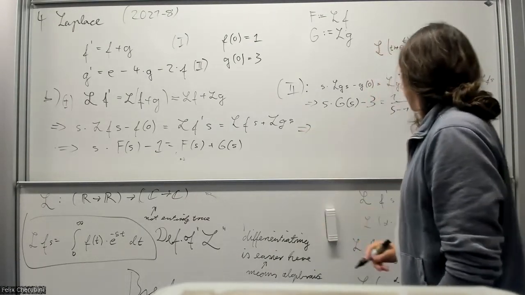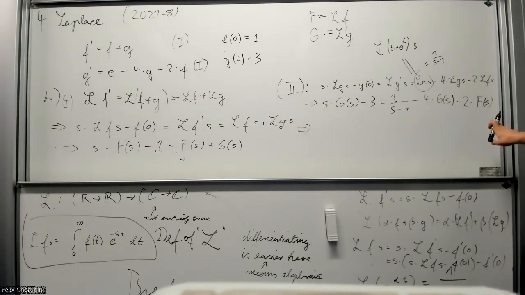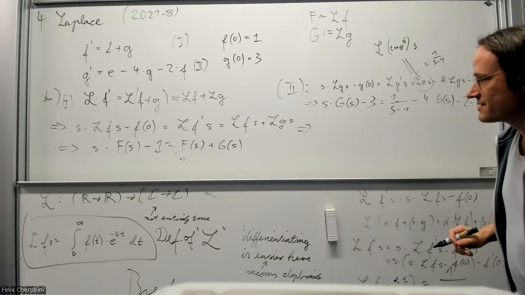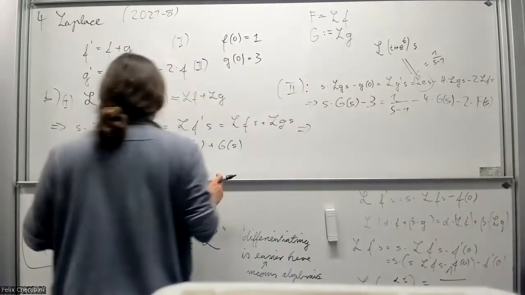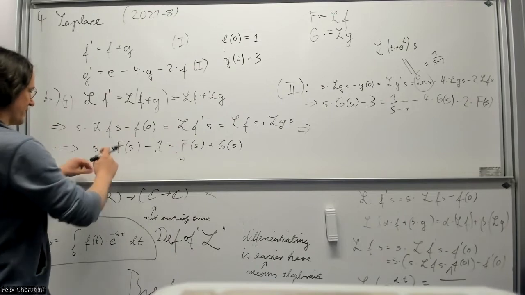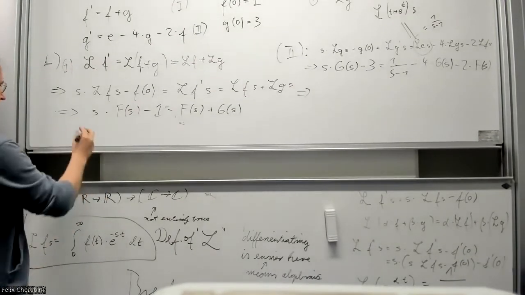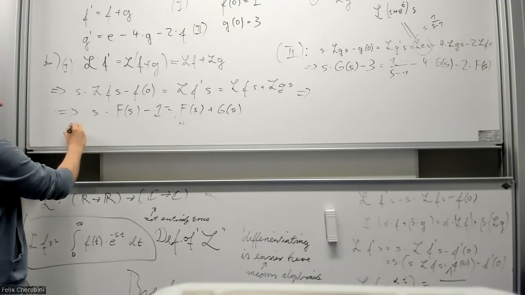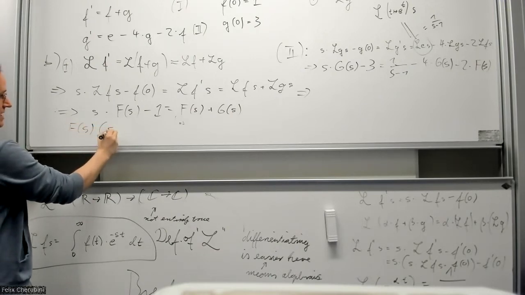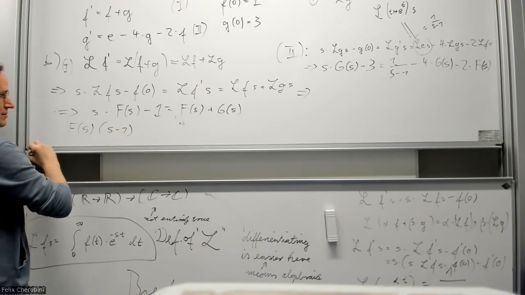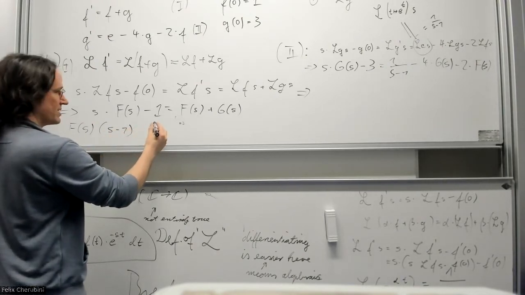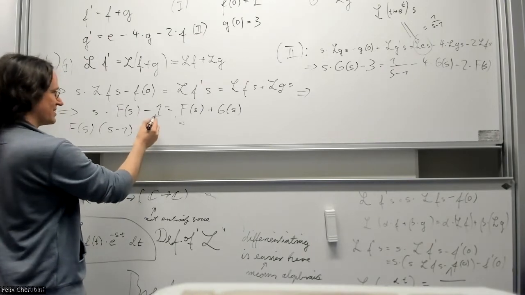Okay. So we also have a nice equation here. Maybe we should rearrange stuff a bit. It might be good to have all F or all G on one side, also here. I guess it's a good next step. So I could move this F of s over here. Then I have F of s times s minus 1. Maybe I want to move this minus 1.